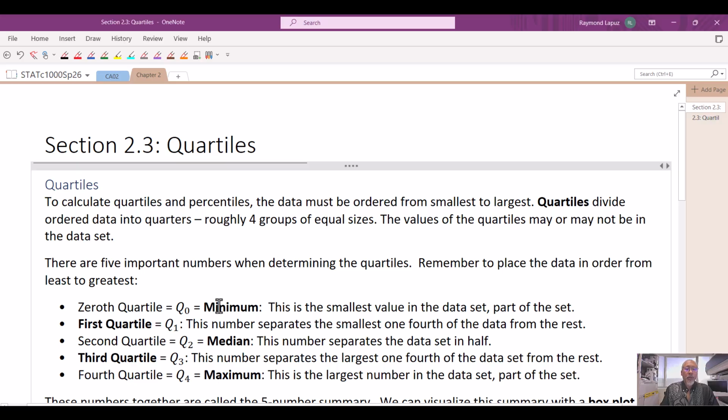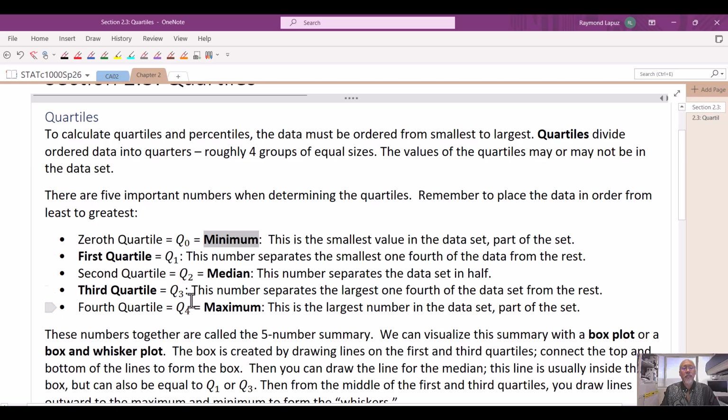We have the minimum, and sometimes that's seen as a 0th quartile, but we don't usually use that, so I bold-face this minimum as the word that we normally use, and that's the smallest number in a data set. The first quartile is the number that splits the data into the first 25% and then the upper 75%.